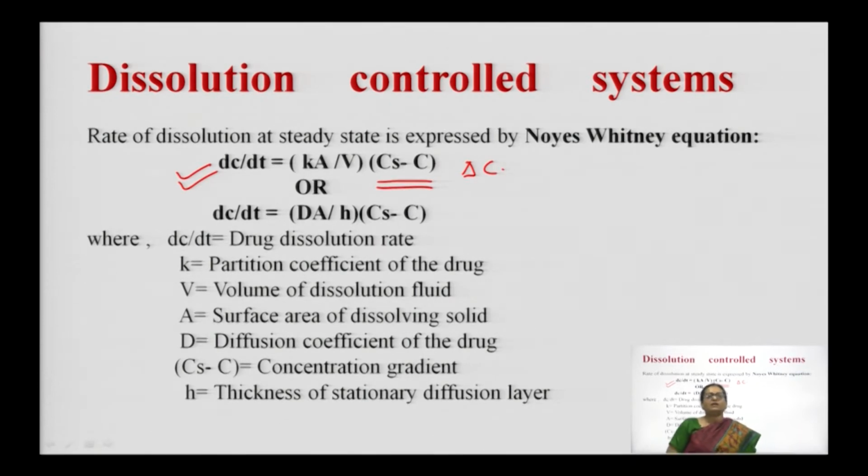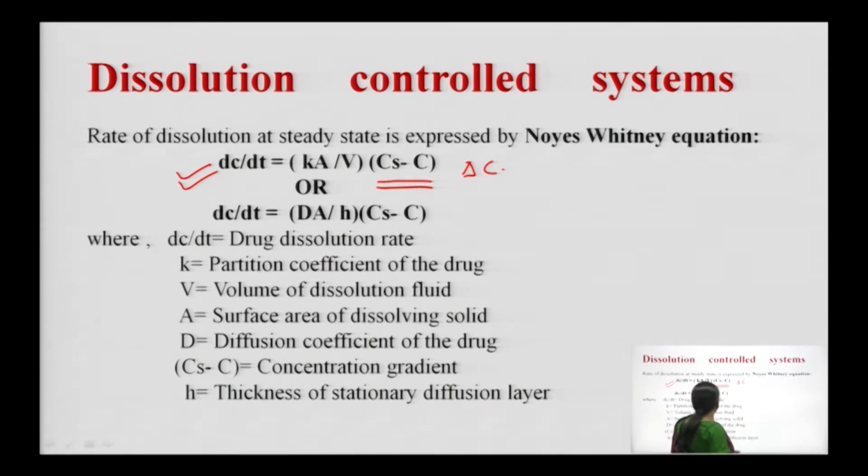You must have studied that during dissolution testing of the drug, the dissolution medium is kept in constant agitation. One of the reasons for that is that the concentration gradient has to be maintained. There should be no concentration build up in the bulk of the fluid.